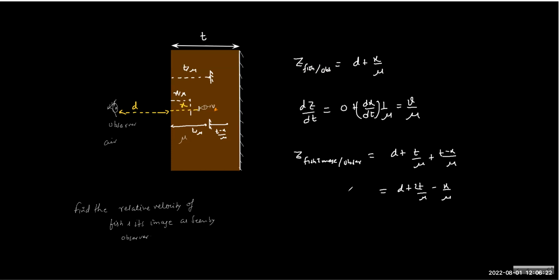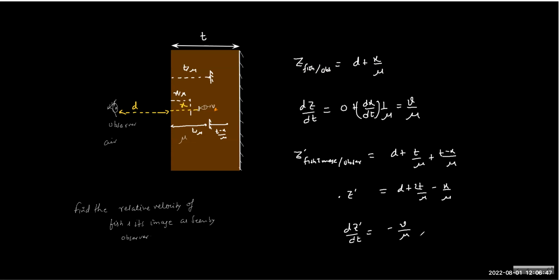If you differentiate, it's called z dash. So dz dash by dt is how much? Minus v by mu. That's simple. No need to worry much. So the image will go left.